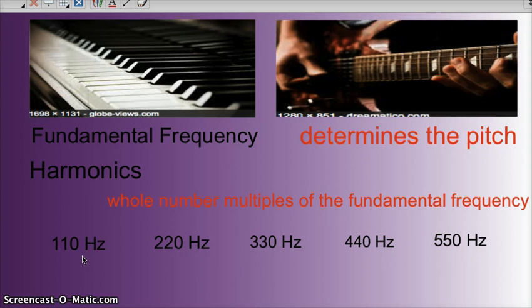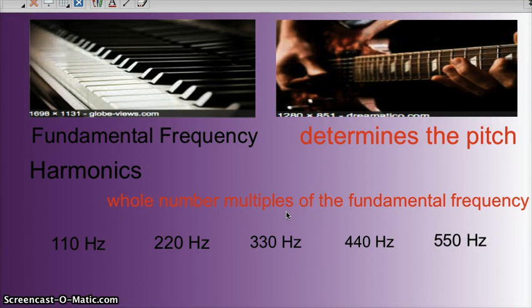One octave above it is 220 hertz. One octave above that is 330, an octave above that is 440, an octave above that is 550. It can go on for a long time. Notice that's what harmonics are, whole number multiples of that fundamental frequency.